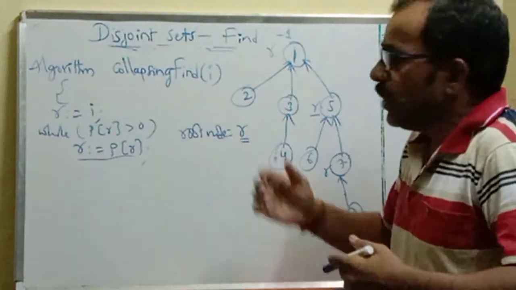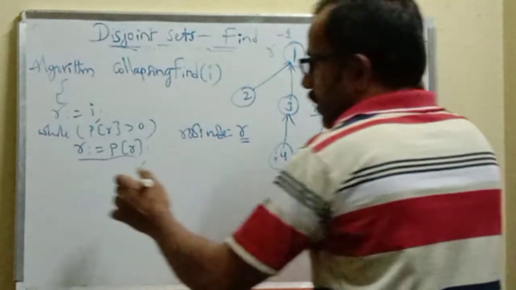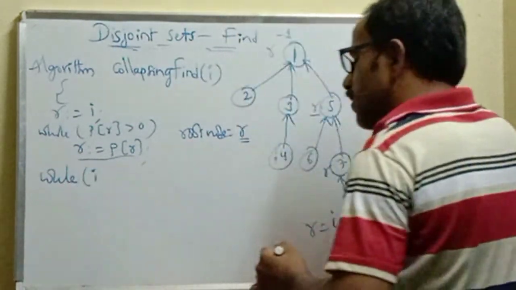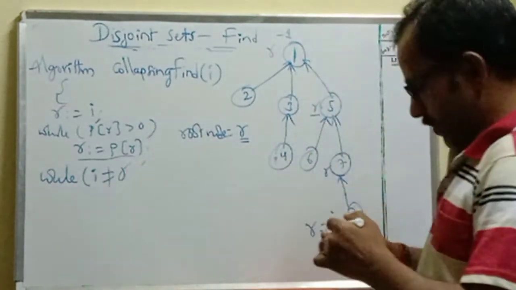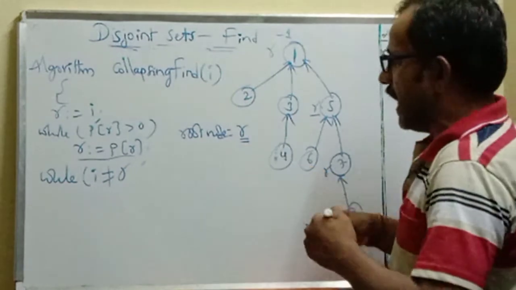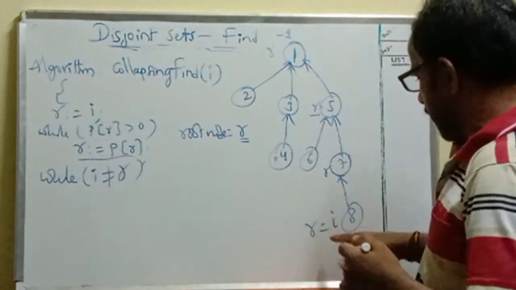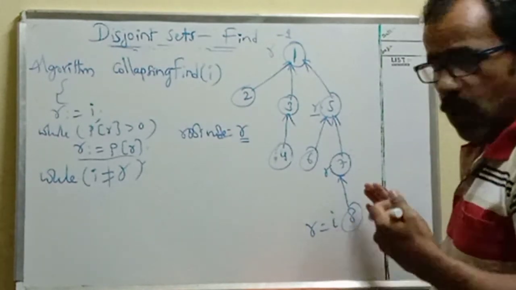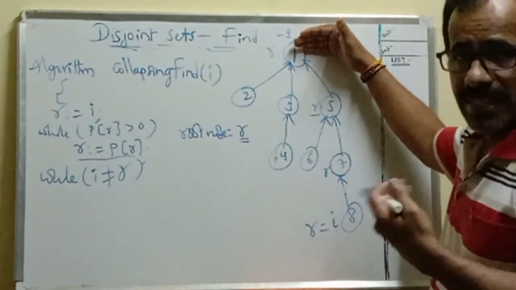Now I am going to include the collapsing rule. How will collapsing act? Now our goal is finding I. So while I not equal to R, where the root node is R, because again we need to start at I, we have to add I to the root node as a direct edge.